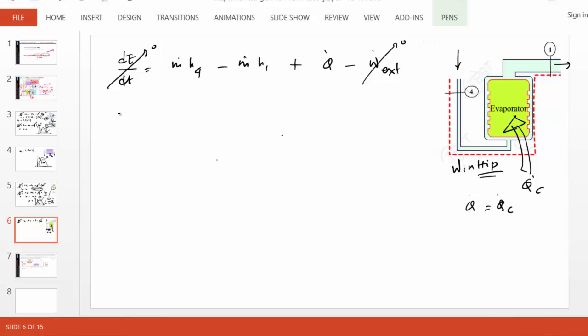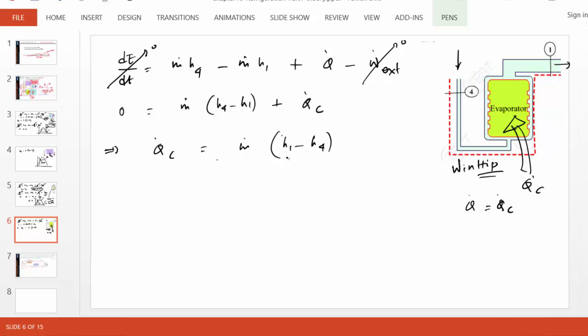So we can substitute that here, 0 equals m dot (H4 minus H1) plus Q dot C, or Q dot C equals m dot (H1 minus H4). Obviously H1 will be higher than H4.